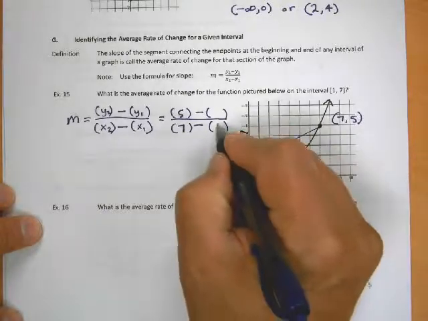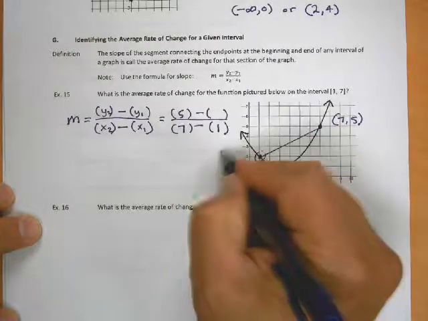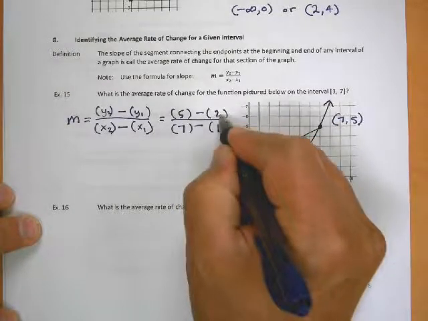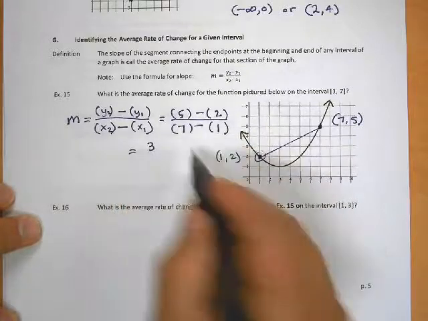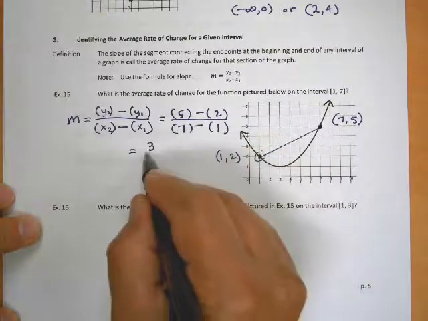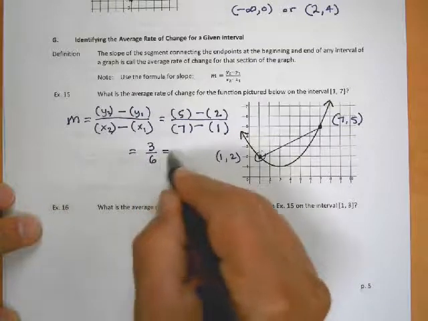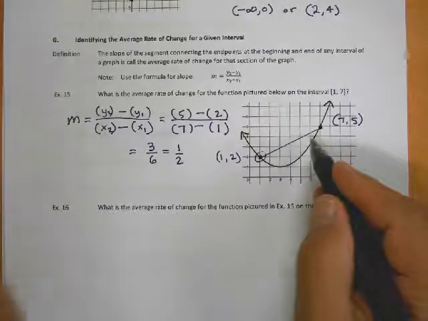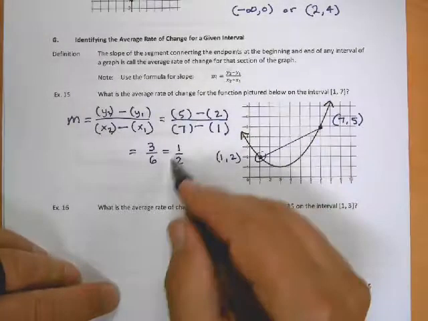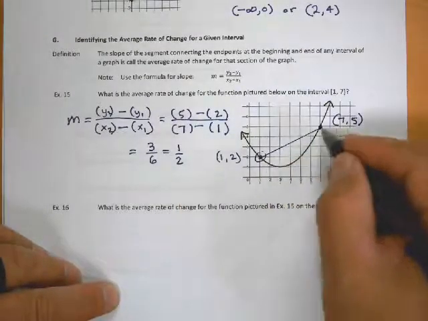So you go 1 on the bottom, the x always goes on the bottom, and 2 above it. Now when you subtract 5 minus 2, you get 3, and 7 minus 1, you get 6. So when you simplify that to 1/2, you've got your slope for that segment, and it's called the average rate of change for the curve.